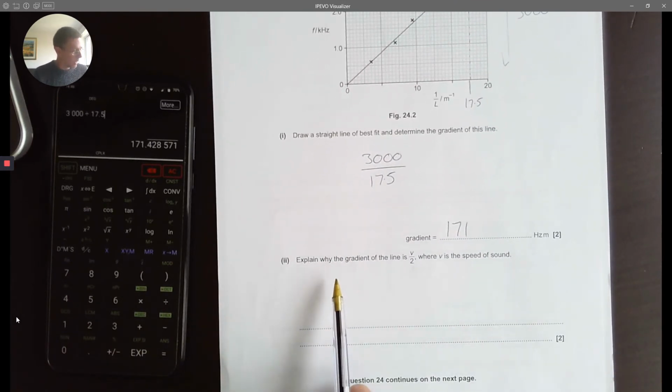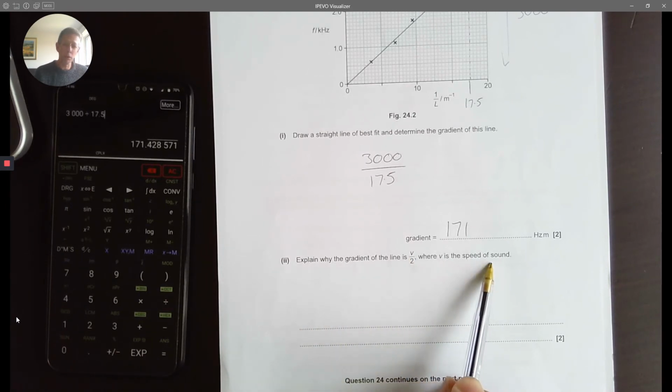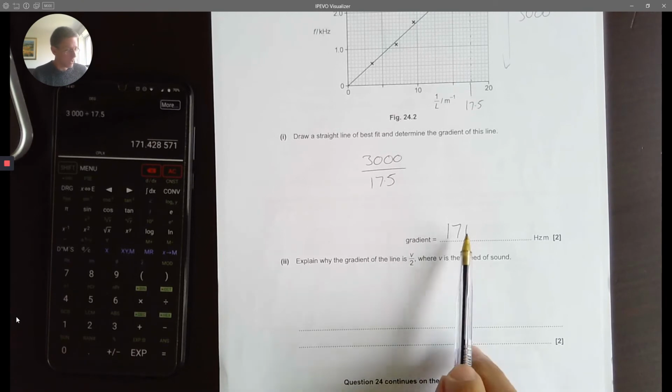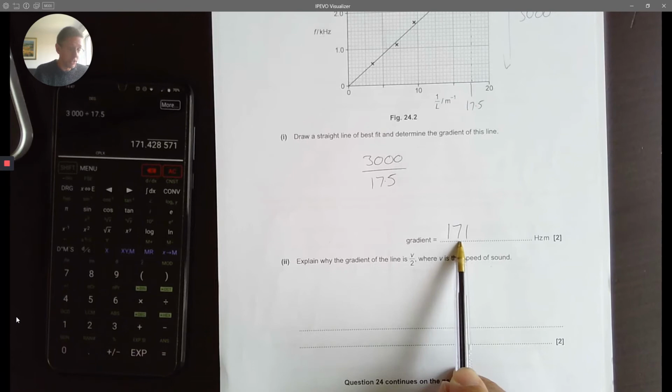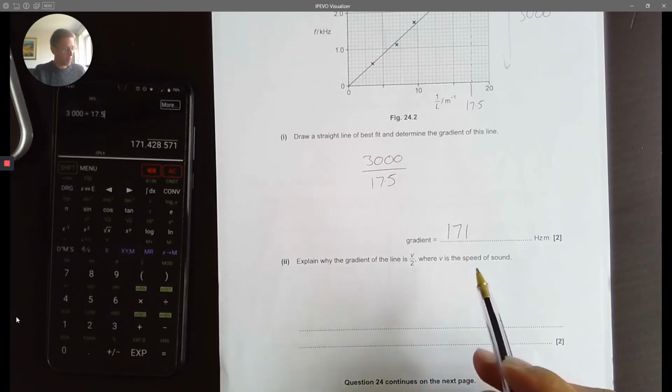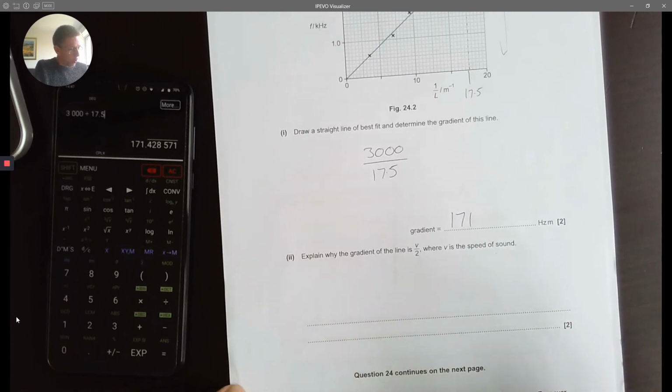Okay, explain why the gradient of the line is v over 2, where v is the speed of sound. So before I even do anything, I'm just going to check to myself that I know the speed of sound is around about 330, 340, and so if I double that, will I get 330, 340? And the answer is yes, I do, which makes me feel that I probably did do the gradient bit right. Okay, so why is it?